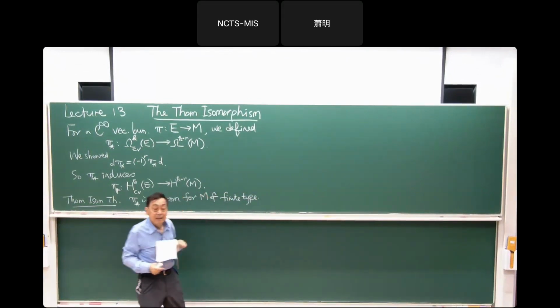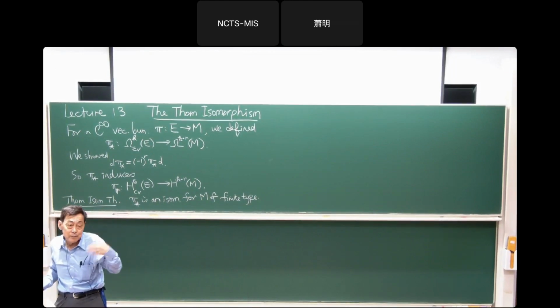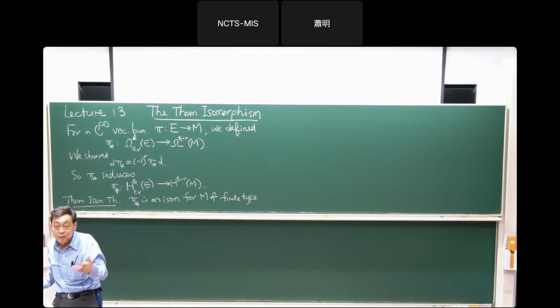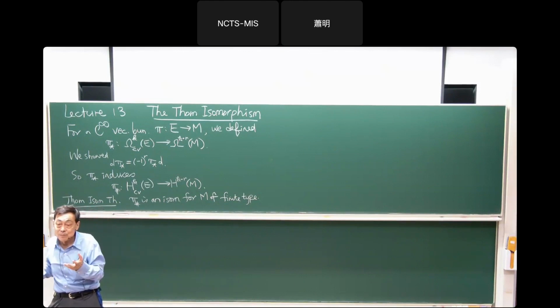And the reason we need finite type is that the proof is using the Mayer-Vietoris sequence, by inducting on the number of open sets in a good cover, just like before.